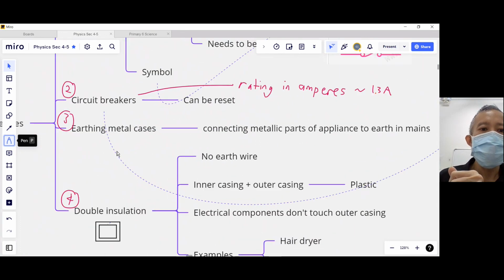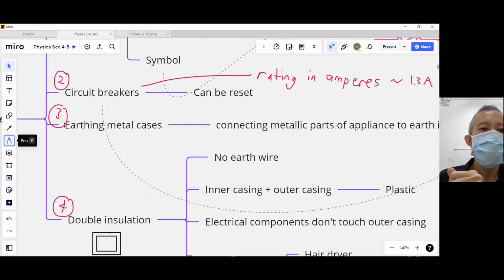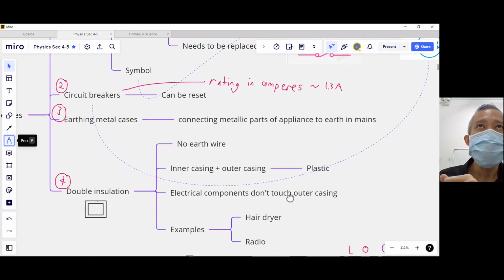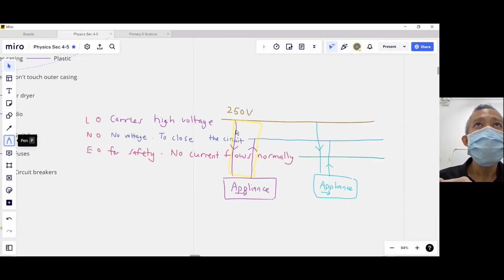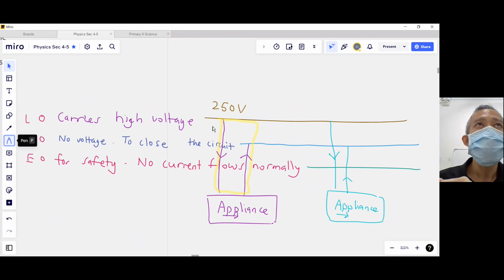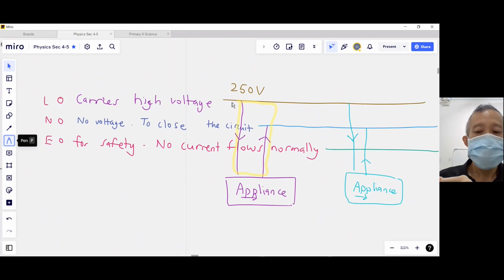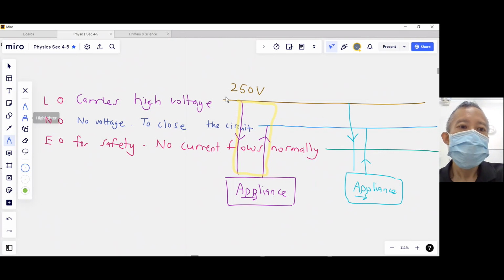Now, the other one that comes up often is earthing. To understand, you have to look at this circuit. I think I drew this 2 weeks ago. Essentially, 1, 2, and 3.